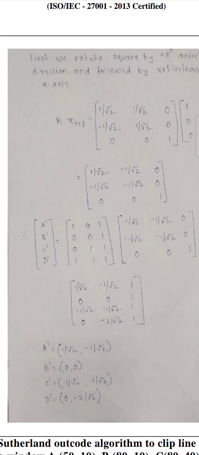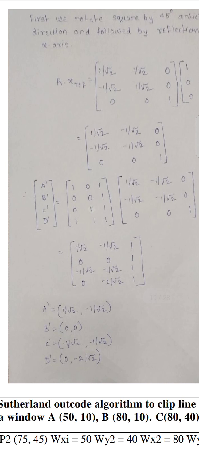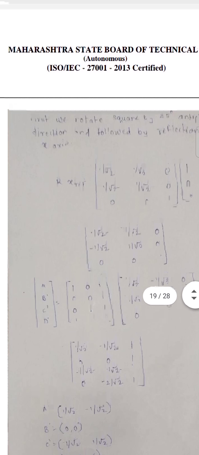That is called A dash, B dash, C dash, D dash. A dash is 1 upon root 2, minus 1 upon root 2, which you can get from the matrices itself. B dash is 0 0, C dash is minus 1 upon root 2 comma minus 1 upon root 2, and D dash is 0 comma minus 2 upon root 2. In this fashion you can solve any problem.